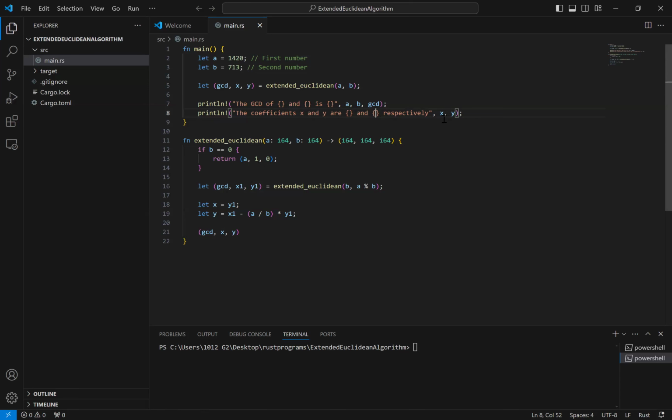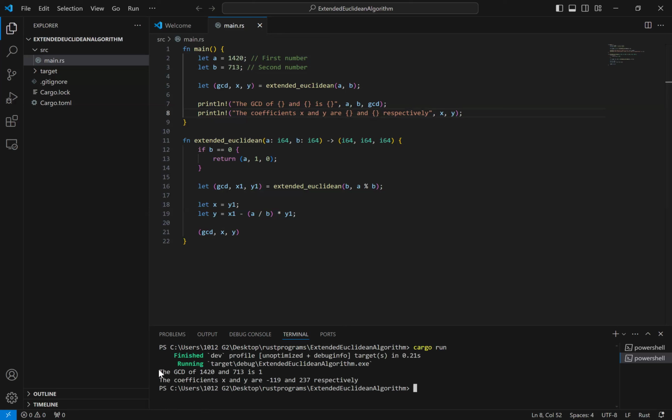You can see where I'm pointing. Let's try to run this. Yeah, it has told us that the GCD of 1420 and 713 is 1. It has also told us that the coefficients are these numbers.